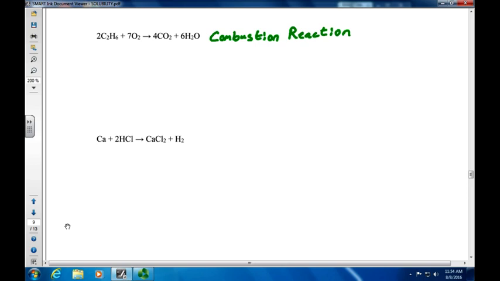So that is the type of reaction that is being processed here.